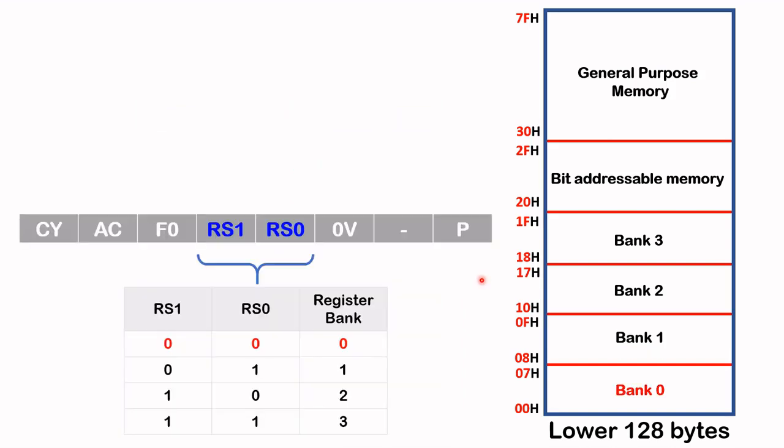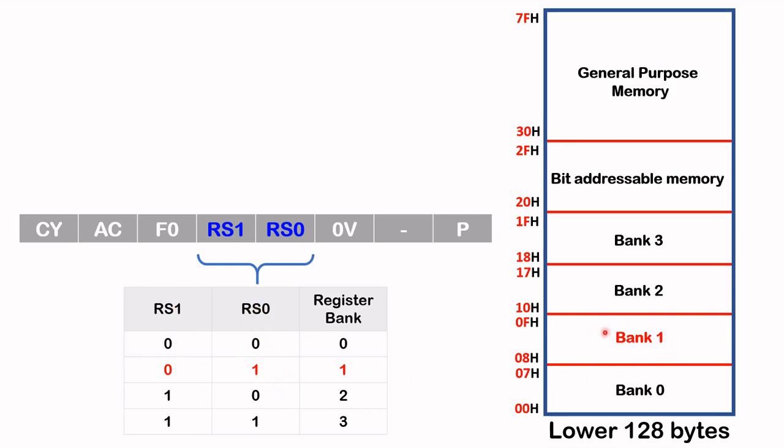Okay, so let's see how we do the bank selection. If RS1 and RS0 are both 0, you will select bank 0. By the way, by default, bank 0 is selected when you power on. If you want to select bank 1, you need to have 0 for RS1 and 1 for RS0.